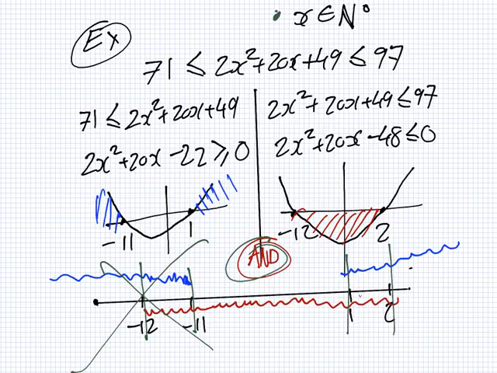So what are the natural numbers including 0, which are between 1 and 2, including 1 and 2? 0 is not between 1 and 2. Try again. 1.5. Natural numbers, 1 and 2. So this is the answer here for this one. So only the numbers 1 and 2 satisfy this inequality.